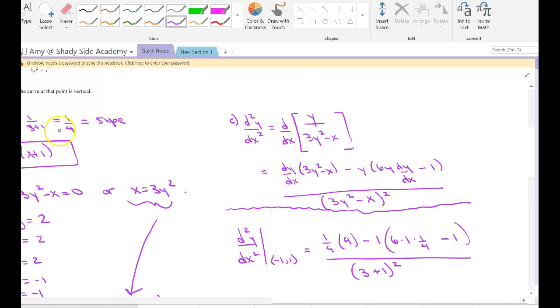And in part A, I already found it was 1/4. So look over here. The second derivative at this point, -1, 1, is going to be dy dx at -1, 1, which is 1/4. And then I plugged in here -1 and 1 into x and y, and I got these numbers. And this is part C. I don't have to deal with this. I don't feel like multiplying fractions. Just leave it right there.